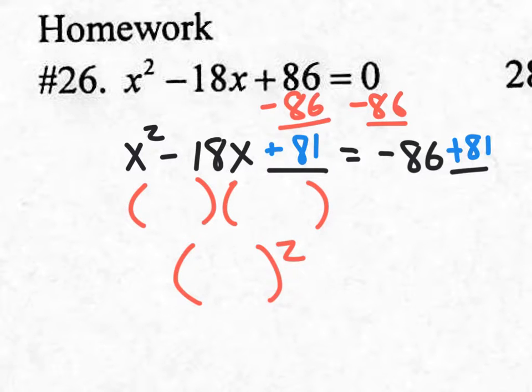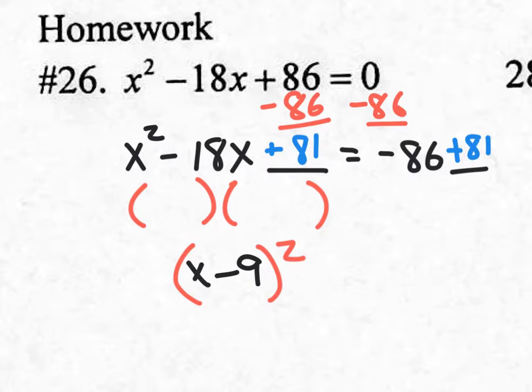The binomial squared part will always be, well, we're talking about x's, right? We have x's, so that's an x. And the number that's going to be right here will always be half of b. Let me repeat that. This number right here is always going to be half of what you see here. What's half of this? 9. So that's going to be a negative 9 right in there.